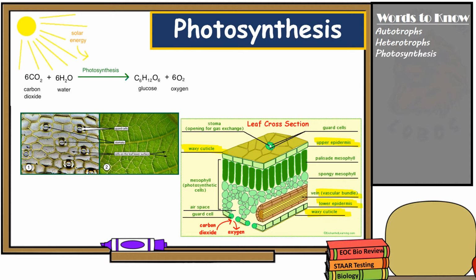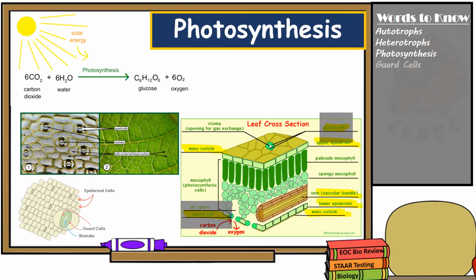Now, this layer has very important specialized cells called guard cells, which, as you can see in this image, are guarding an opening called the stoma or stomata, which represents many. Now, these openings are responsible for the exchange of gases in which CO2, the reactant needed for photosynthesis, is allowed to enter the inner cell layers of the leaf. And then at the end of photosynthesis, when O2 is produced, it is then released through this opening.